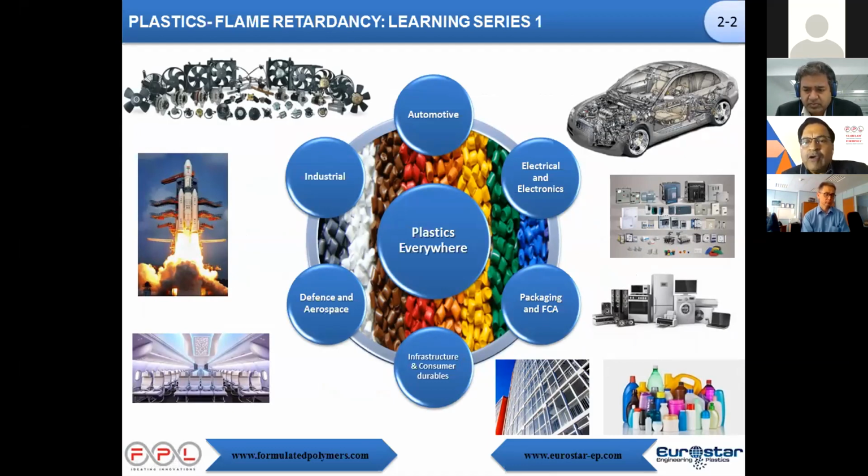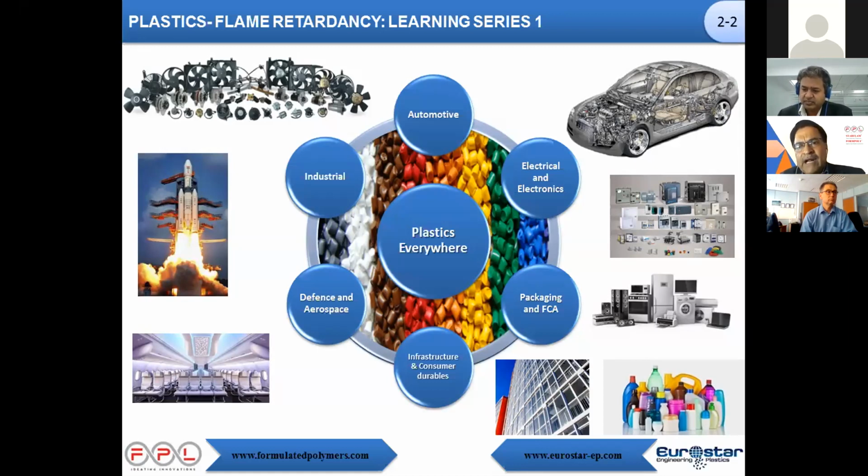Since we are talking about flame retardant, if you look at this slide, you can see that in automotive today, most of the underbonnets are becoming flame retardant because of fire accidents in vehicles. With electric vehicles coming in, more and more flame retardant polymers are being used. In electrical and electronics, to a large extent wherever current carrying parts are there, it has been flame retardant.